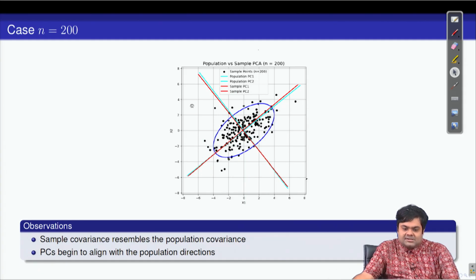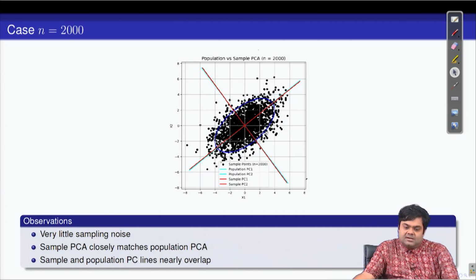Now, let us see what happens if sample size is 200. Same colors, light blues are your population PCAs and reds are the sample PCAs. Look at this, jumping from 20 to 200, sample PCAs seem to be very close to the population PCAs. Now, go to 2000, not 20,000, just 2000, practically inseparable.